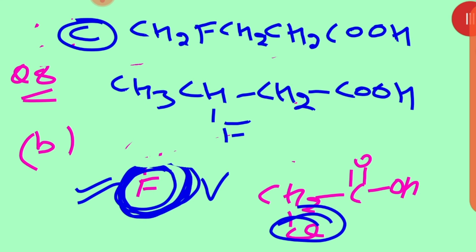Now they are asking which is more acidic. Now you must tell me, beta. Please count the number of carbons here: 1, 2, 3. The F is coming at the 3rd carbon here.